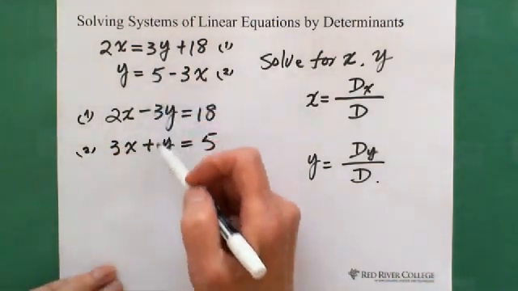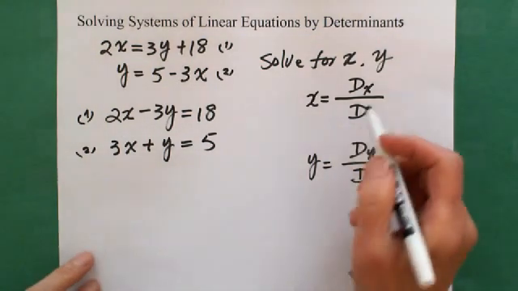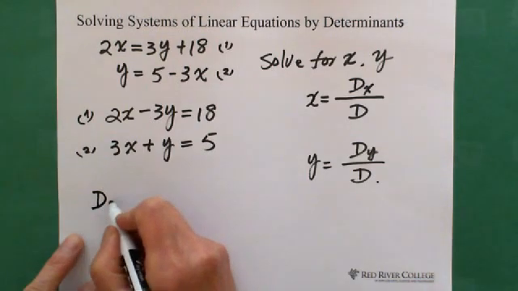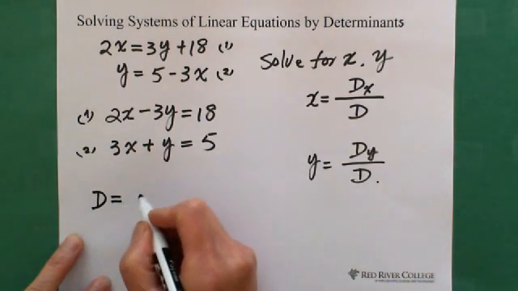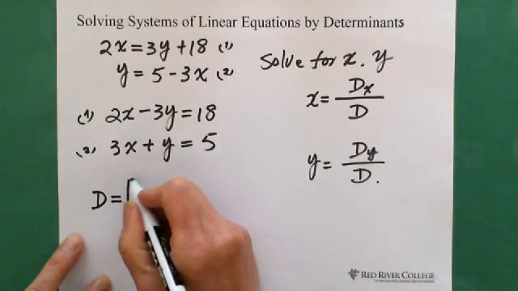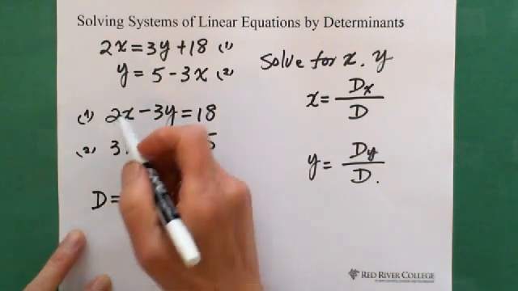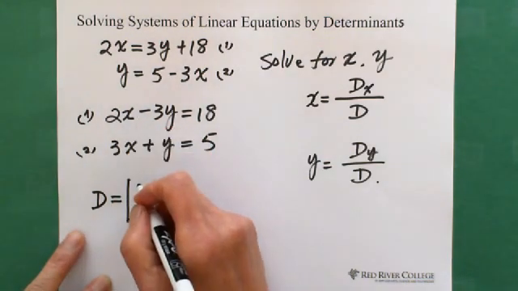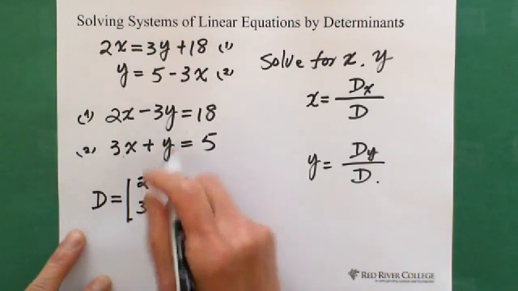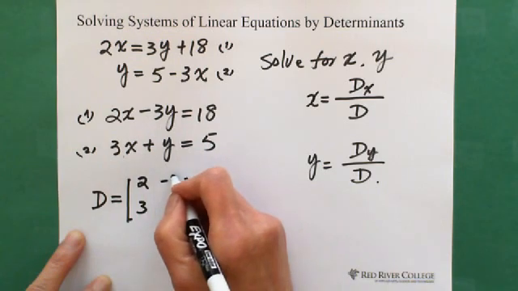Once you write it this way, the determinant d equals the determinant of the coefficient of x and the coefficient of y: 2, 3, then negative 3, which carries the sign, and 1.